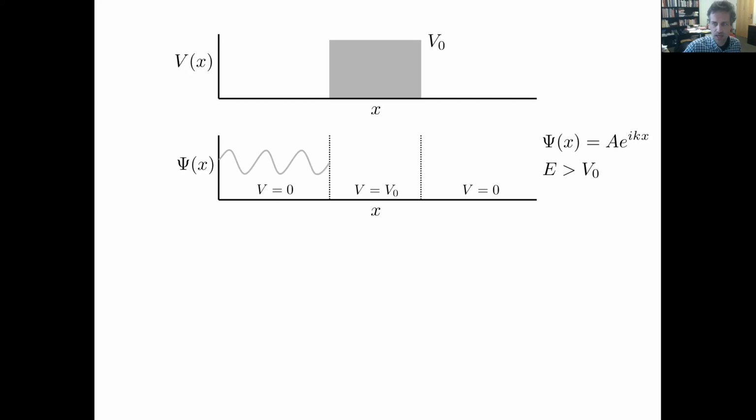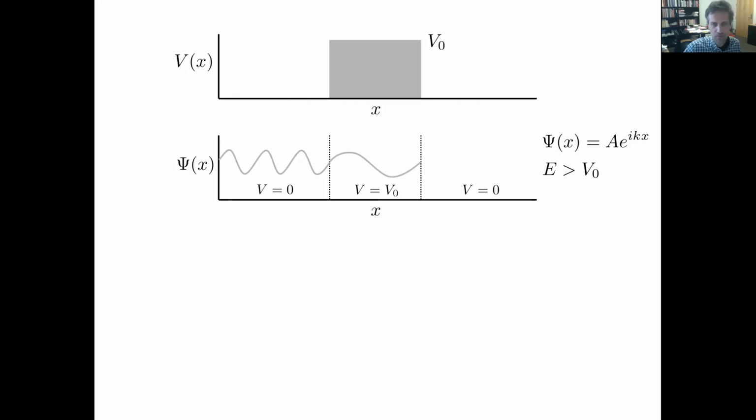The only thing that has changed is the value of k, which is now a little less. If k is a little less, the wiggling is slowed down a little bit. It still wiggles, but the number of wiggles over a certain length scale is now going to be less because k has a lower value.